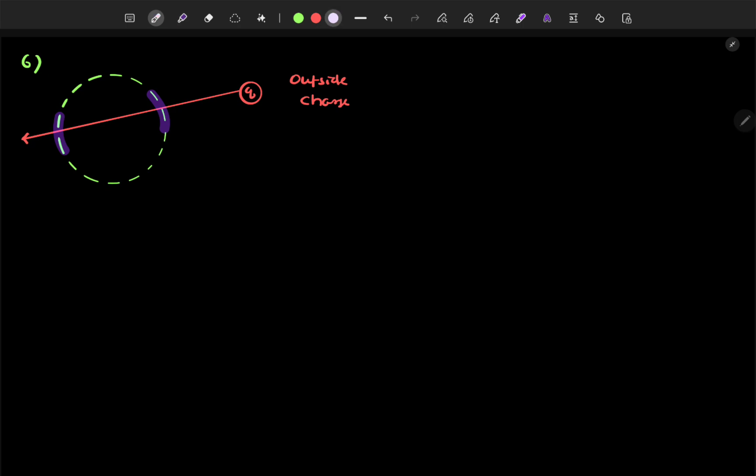So for an outside charge flux is 0, but remember the electric field is not 0 for the Gaussian surface. At a point on the Gaussian surface, because of this Q charge, the electric field has some value.